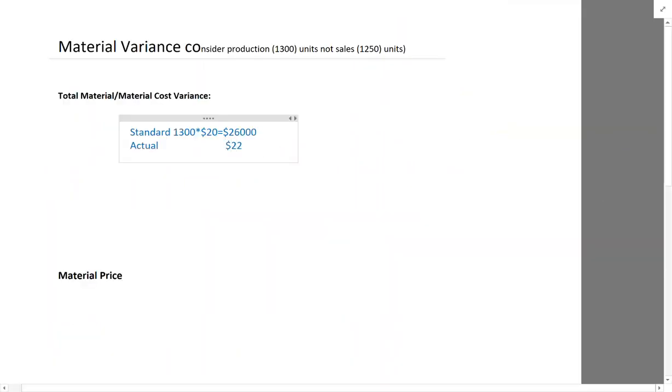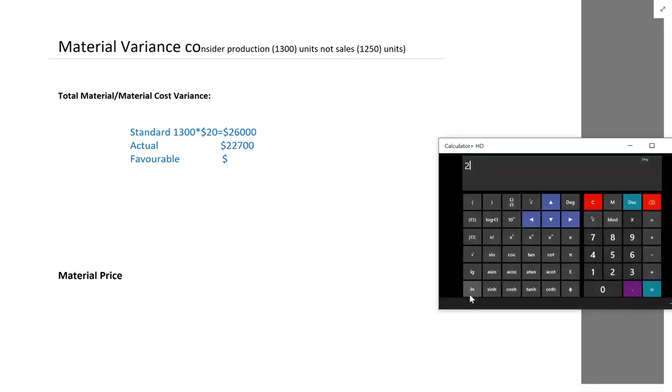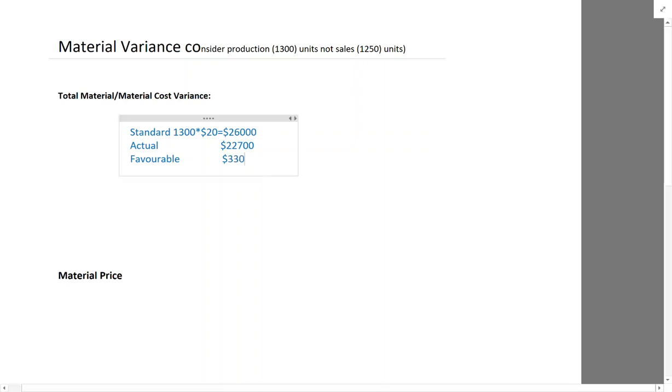So does it cost us more or less? It costs us less. If it costs us less, it is favorable. So we have a favorable variance. How much? Let's use calculator. 26,000 minus 22,700, 3,300. Favorable. So product cost us 3,300 less in terms of material than it should have.